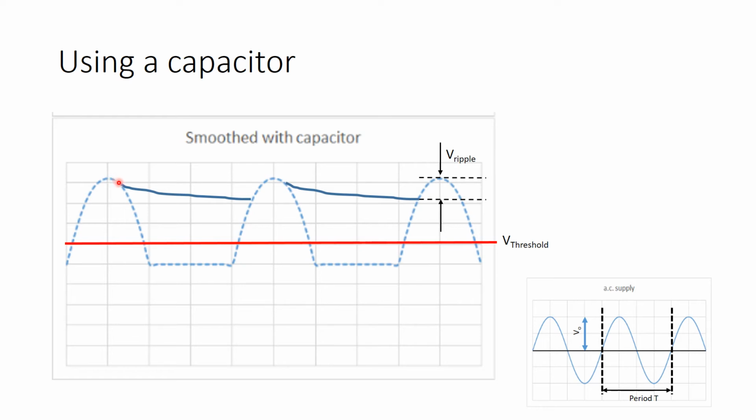As soon as the current starts to drop, our capacitor will start to discharge, and that means that we end up with more of a supply than we would if we just used a single diode to rectify our input. And once again, once the input supply is above the threshold, in this part here, our capacitor will charge again and then discharge in the circuit. So we end up with a much smoother supply rather than something that looks a bit messy.